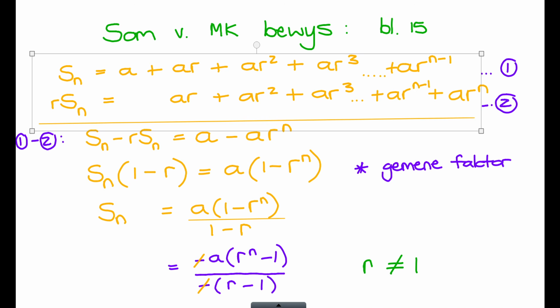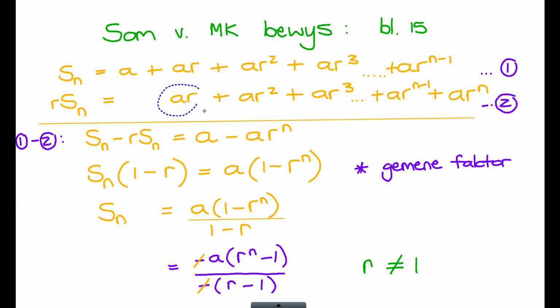Then, why didn't I multiply that one? I did. It's just the way that I wrote it. That's term 1, and this is term 1. This is term 2, and that's term 2. I just wrote it one space up so you can see which ones are going to cancel out.